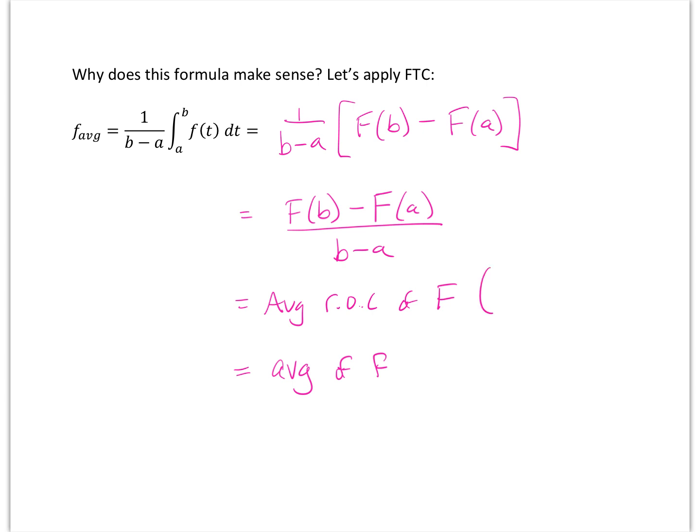Okay, so for instance, if capital F represents position, so this would be, e.g., average rate of change of position. Rate of change of position is the definition of velocity. So this is average velocity. Okay, so the average rate of change of big F gives you the average of little f.